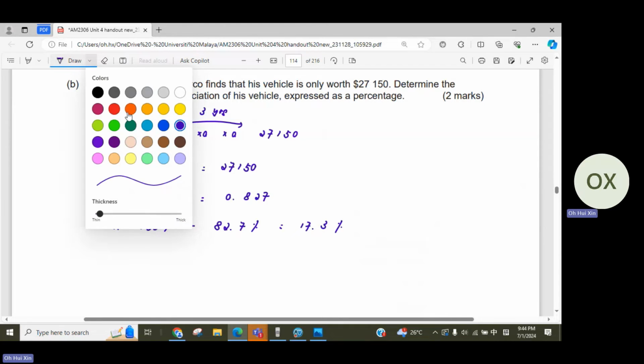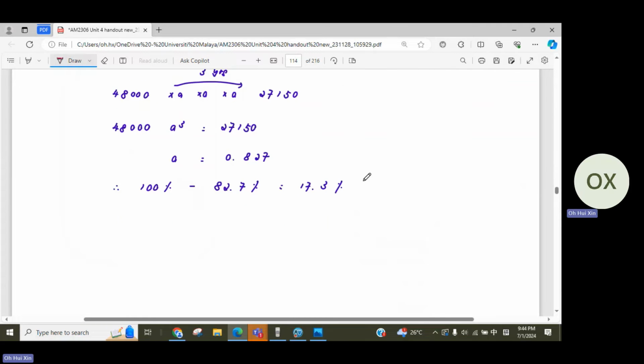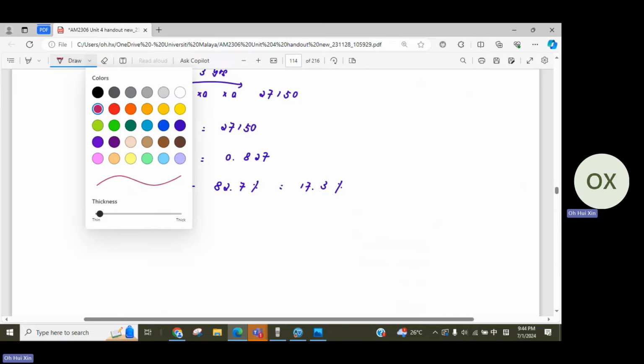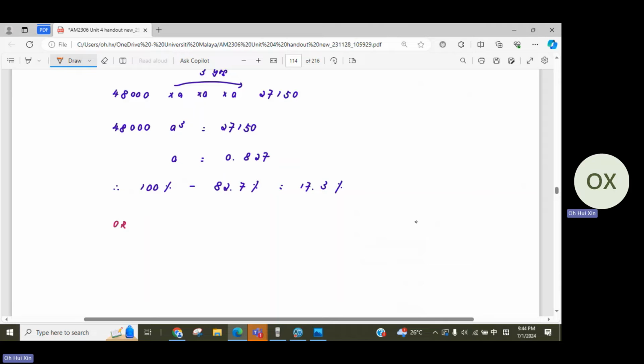Or else I'll show you the other way. It depends on which one you understand better. For the other way, I'll explain it like this. Imagine I tell you that the rate of depreciation is 5% over 3 years. Normally you will multiply by 0.95, am I right? How do you get the 0.95?